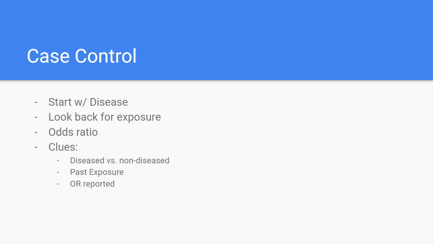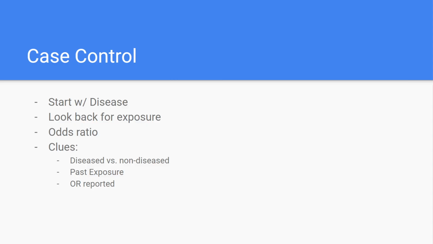As for case controls, it always starts with the outcome. You've already identified the people who have the disease, and then you compare them to people who do not have the disease, and you look back to assess prior exposure. We do have a statistic to measure case control, which is the odds ratio. Some of the clues are separating patients based on disease status and asking about past exposure.